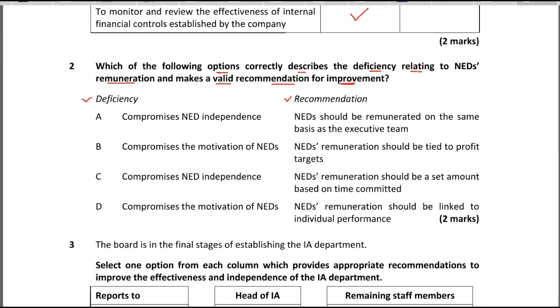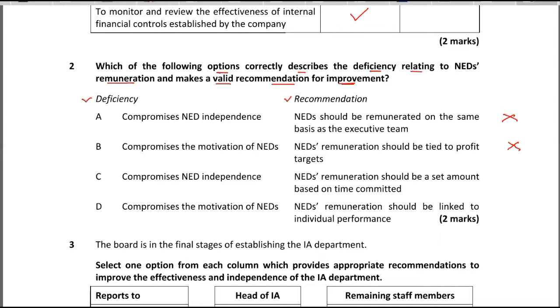Deficiency compromises NED independence. NEDs should be remunerated on the same basis as the executive team. No. Compromises the motivation of NEDs. NED's remuneration should be tied to the profit targets. Seriously, no. Compromises NED independence.